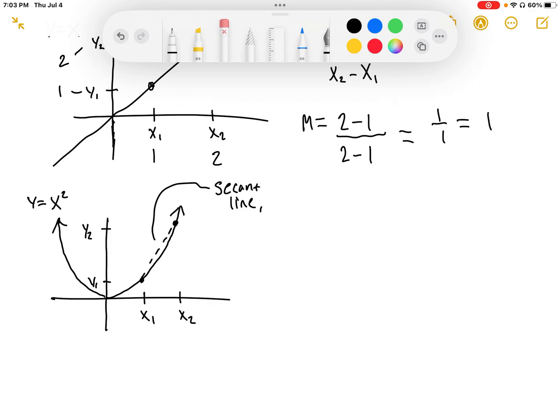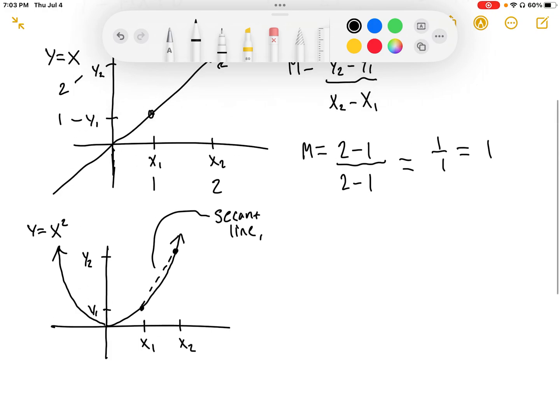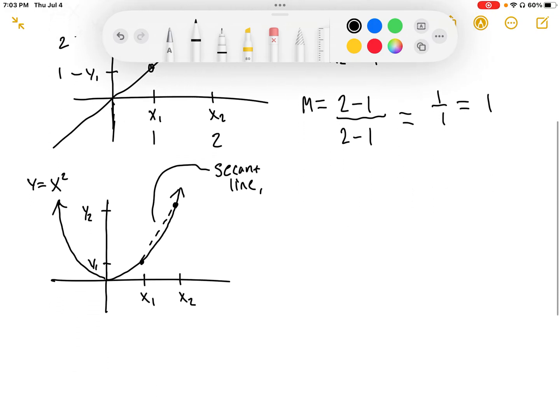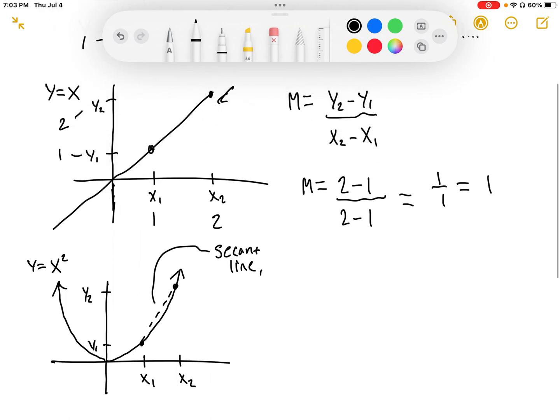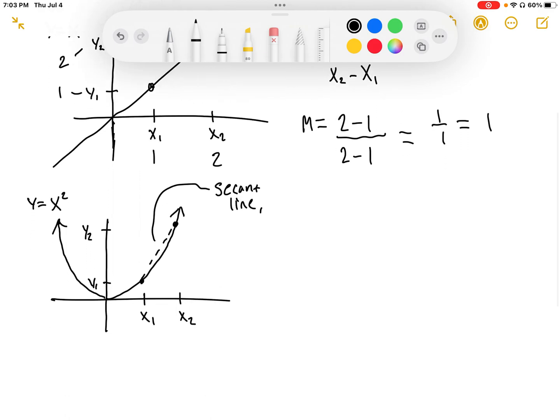So, if we use the same formula from algebra, to find the slope here, we would get the same thing.